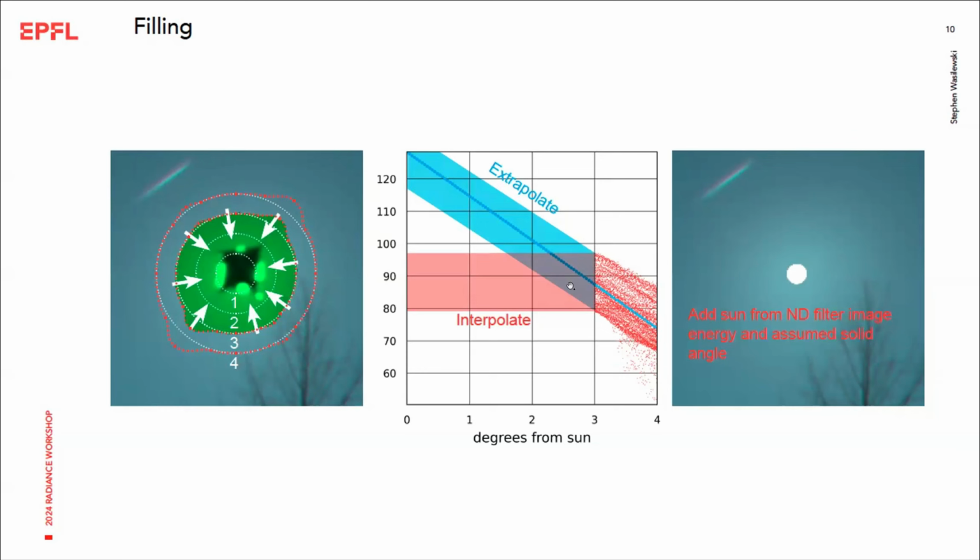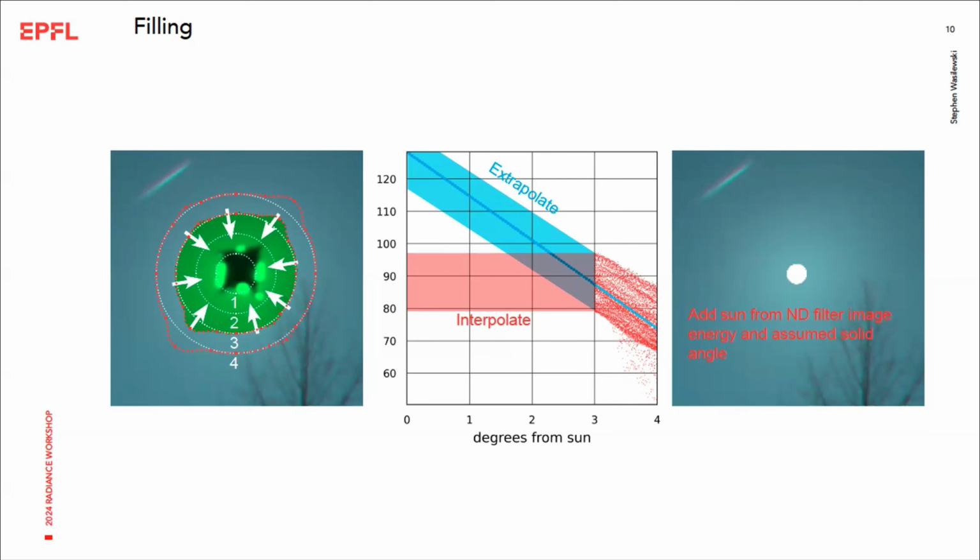And so the algorithm does a quick regression on these points, and if the slope is sufficiently strong towards the center, then it will extrapolate up and add a little bit of intensity there, but making sure that the energy stays balanced.